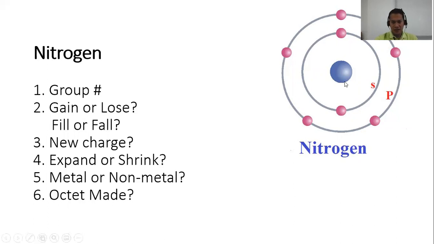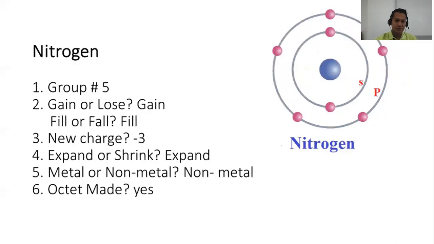What group number is nitrogen in? Let's take a look. Here's the answer. Nitrogen is in group 5, period 2. So basically it has 5 valence electrons in the outer shell.